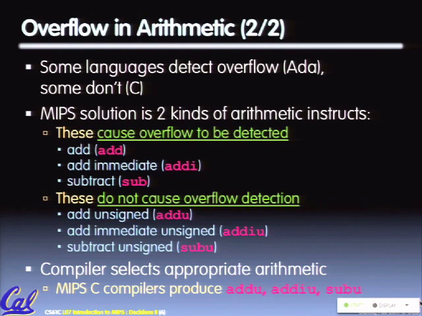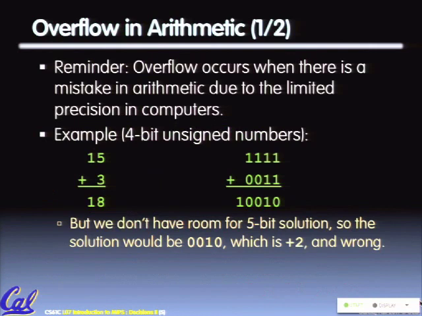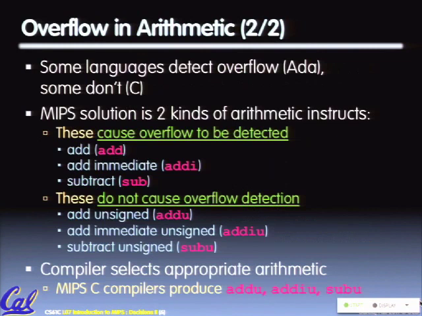If I only store the lowest 4 bits of that addition, what it's really doing is calculating it in 5 and throwing away everything but the lowest 4 bits. So you should be thinking about that. When you see an addIU and a subU, it's really, okay, overflow not detected means it's doing some calculation and then invisibly for me, for free, throwing away any bits higher than the 32 that I can store. Does that make sense? Okay.